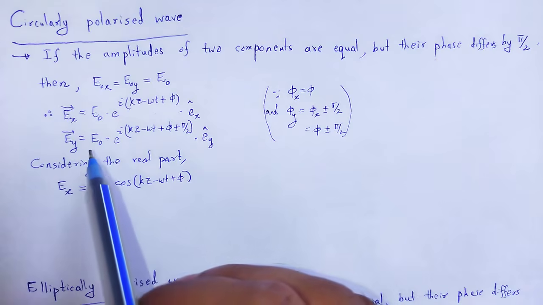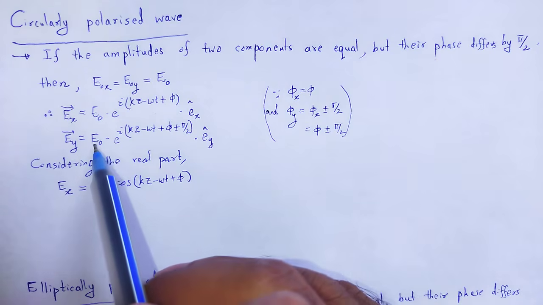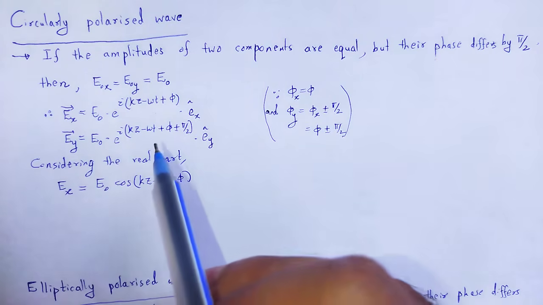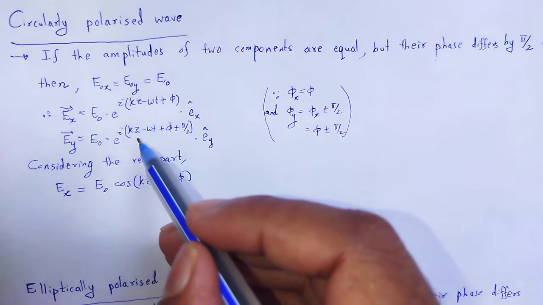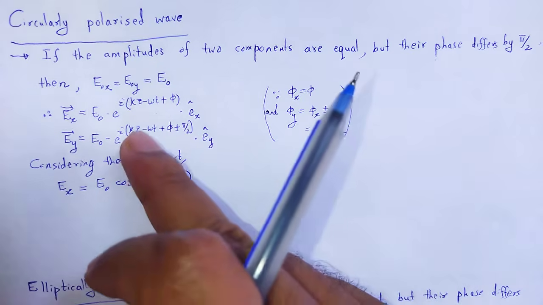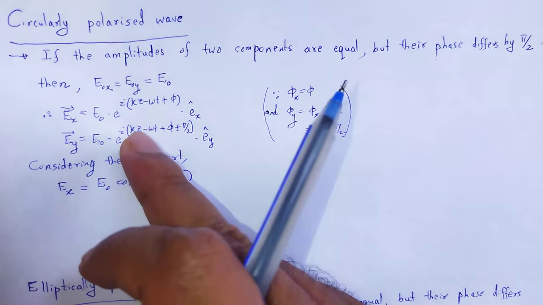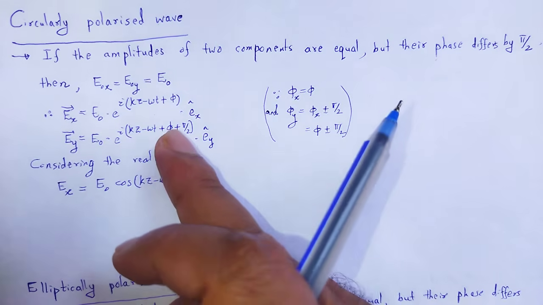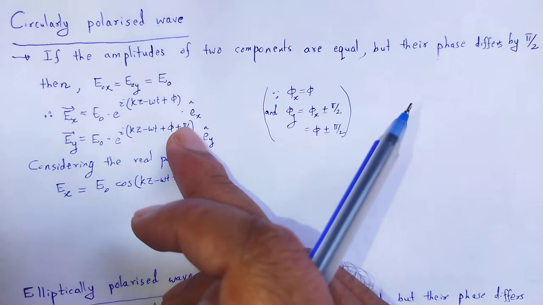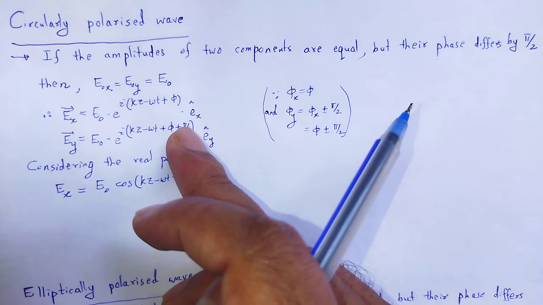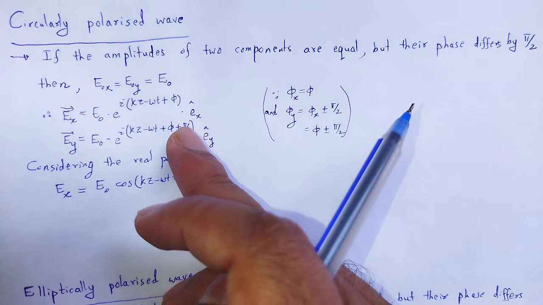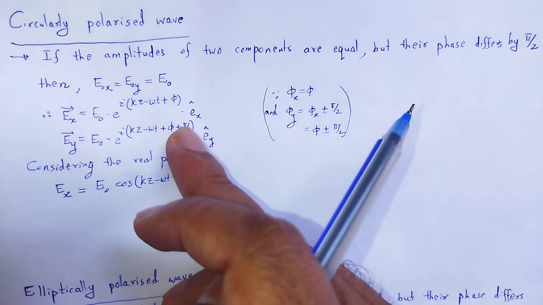Next, for E y, that is E naught into e to the power i something. Look here, the real part is cos of (k z minus omega t plus phi plus minus pi by 2), and cos of (pi by 2 plus theta) is sin theta.